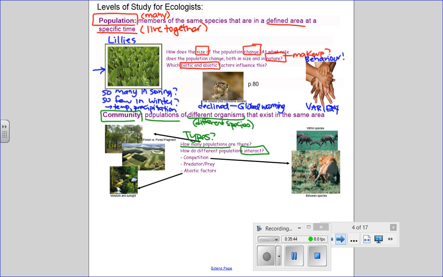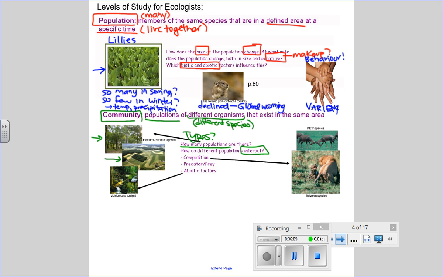So over here, where I say how many populations are there, I'm showing you the difference between a forest and a fragment. Sometimes you'll see that what used to be a huge forest gets fragmented because of deforestation, because of forest fires, because of erosion and water running through it.